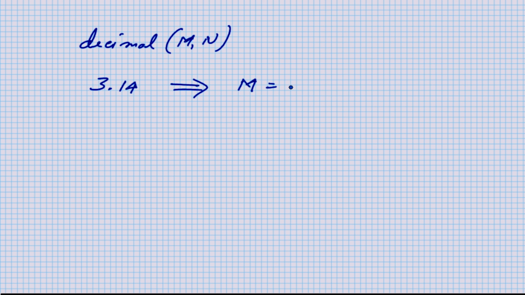So there are 3 digits. The next one, N, is how many out of the 3 are after the decimal. That is 2. Are you okay? So if I want to write some value like 5.86, I should follow the same notation: a decimal of total 3 digits, and after the decimal point I have 2 digits.